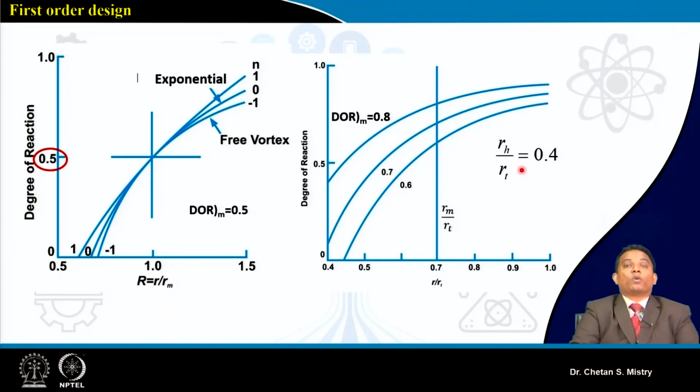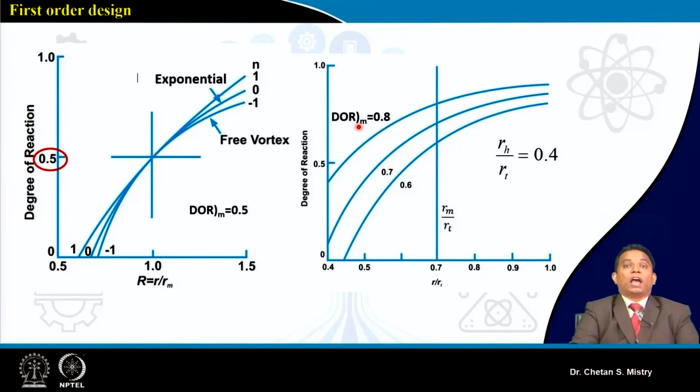Under that condition, if you implement all these 3 design concepts, for your free vortex concept, if I consider my degree of reaction of different values, you can see if I assume degree of reaction to be 0.6, you can say still I have chances for my degree of reaction to go negative. So it says at midsection I need to go with a high degree of reaction.